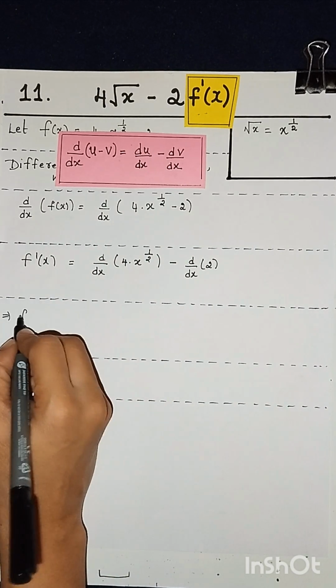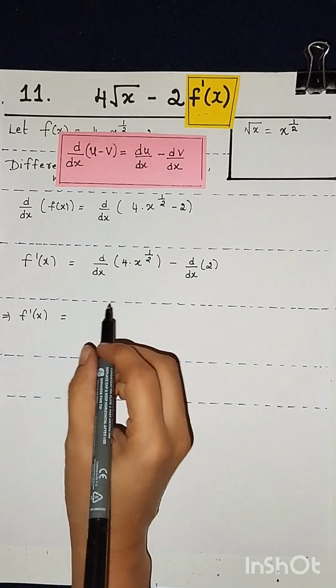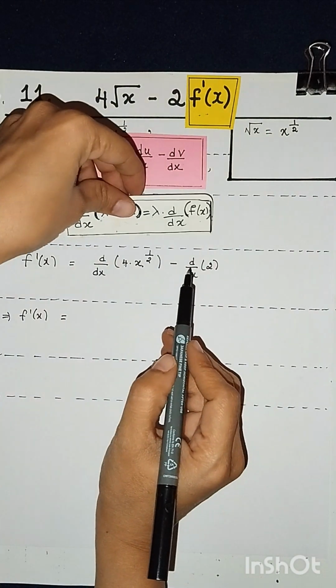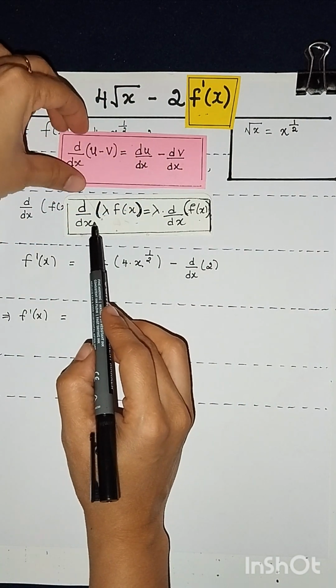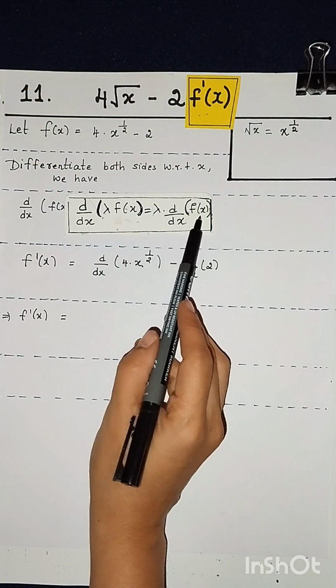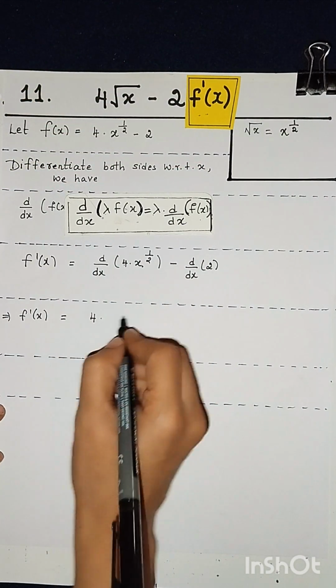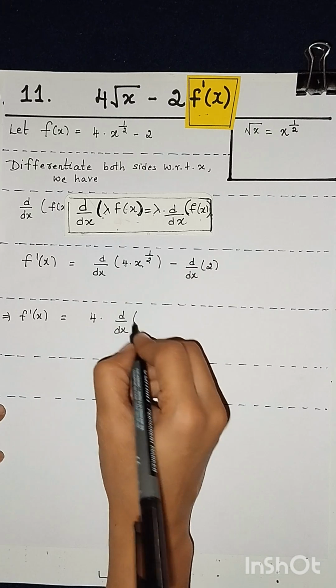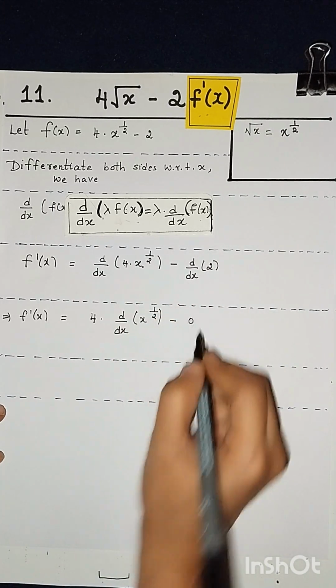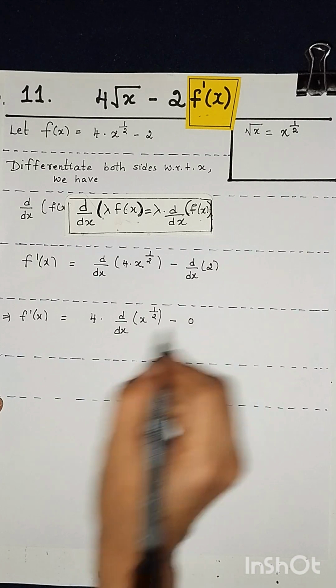This implies f dash of x is equal to d by dx of constant into function, right? So d by dx of constant into function is constant into derivative of the function. So we will write constant into derivative of the function minus d by dx of constant 2, which is 0.